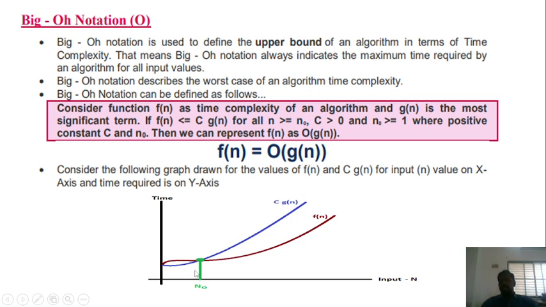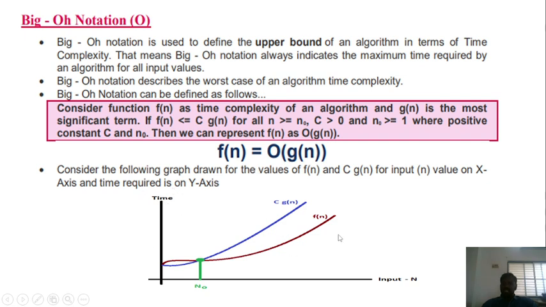As the inputs increase, it takes the maximum time compared to f of n, so it can be considered the worst case of the algorithm. That's why f of n is less than or equal to c into g of n, for all n greater than n0, c greater than 0, n0 greater than or equal to 0. So we can represent f of n as big O of g of n.